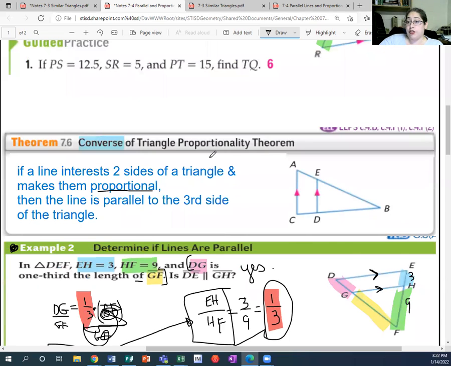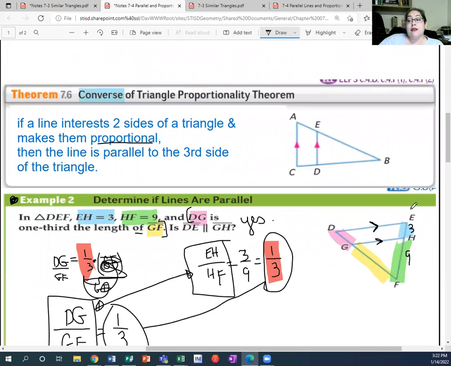This converse theorem gives you that things are parallel if you can calculate that this line segment creates some proportional pieces. So here you start with not knowing if things are parallel, but with the ability to calculate and check to see if you have a proportion. This gives you parallel.